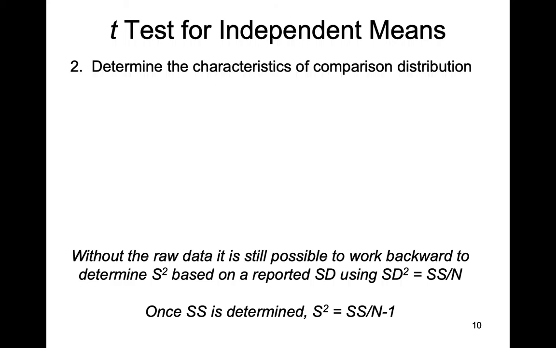All right, the next thing we need to do is determine the characteristics of the comparison population. We should know now, having heard the conceptual reasons for it, that our comparison distribution is a distribution of mean differences, or a distribution of differences between means.